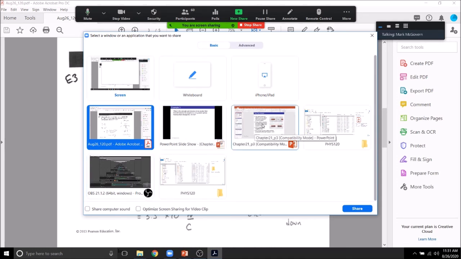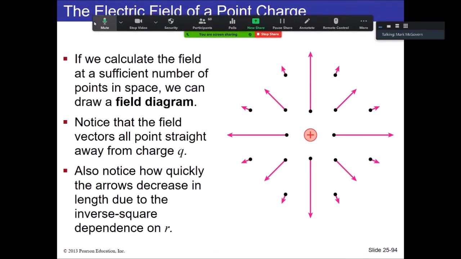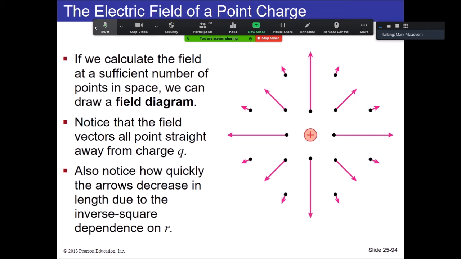Let's get back to the slides here. Okay, so now we want to try to visualize what's happening here. There are a couple ways that we can visualize our electric fields. One is called a field diagram, and one is called electric field line diagrams.